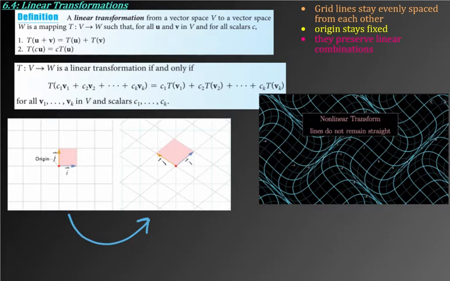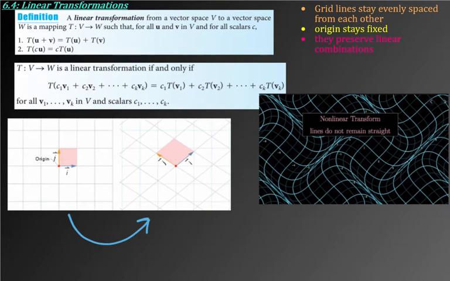So the grid lines that you started with have to stay evenly spaced, okay? They might be really, really close together now or something. They might be diagonal lines and stuff like that, but proportionally to each other, they have to be evenly spaced. You can see that these are not, right? This is nonlinear, even just because the grid lines here get really squished together, whereas here they're farther apart from each other.